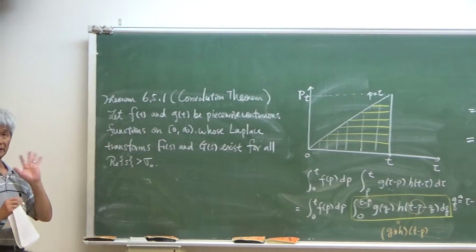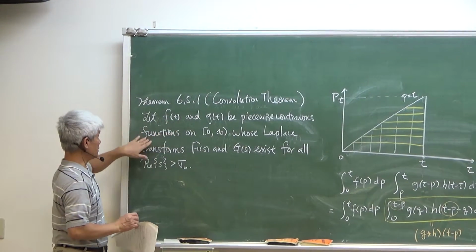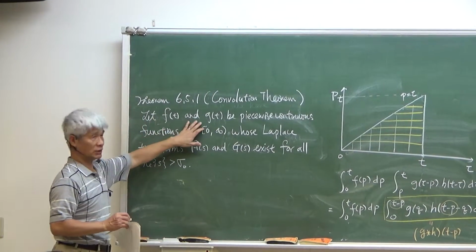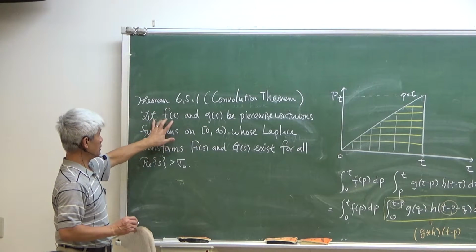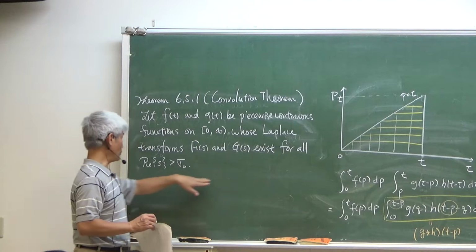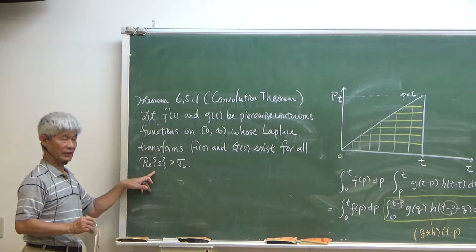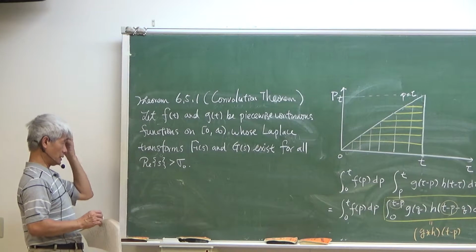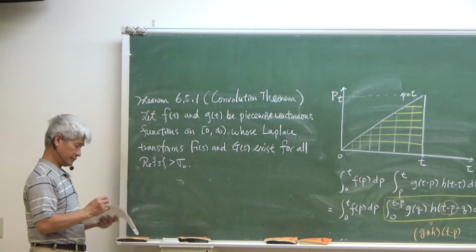So we are given two piecewise continuous functions, f of t and g of t, and their Laplace transforms, F of s and G of s, exist for all complex variables s whose real part is greater than sigma 0.